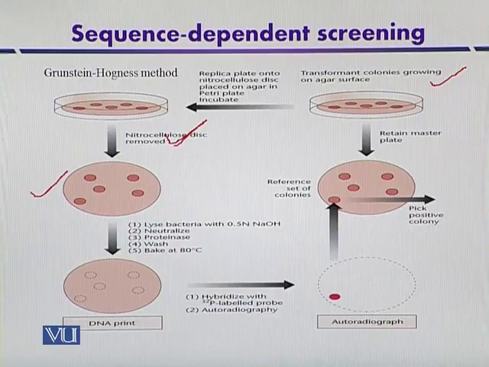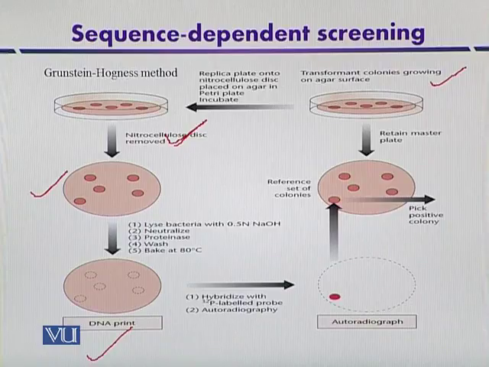Now we have pure DNA that is baked at 80 degrees Celsius, so that again it is tightly bound to the nitrocellulose membrane. After that, we will get a DNA print on the nitrocellulose membrane, and then the hybridization step is performed with a radio-labeled probe, and then it is detected with autoradiography.